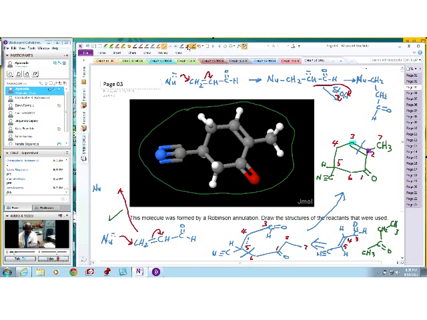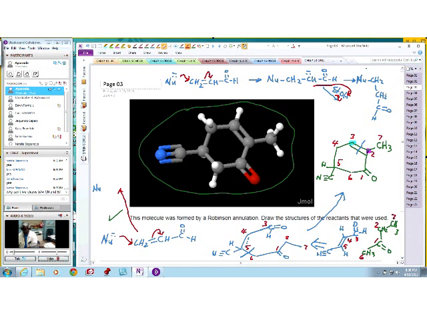Let me go ahead and number this. It is a little bit more tricky than the aldol condensation. So this is carbon 6. This is carbon 1. This is carbon 2. And this is carbon 7.